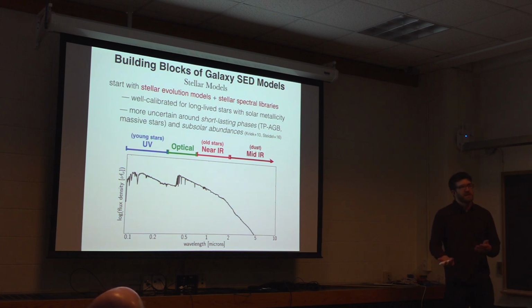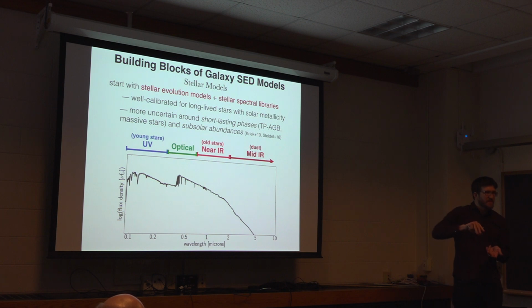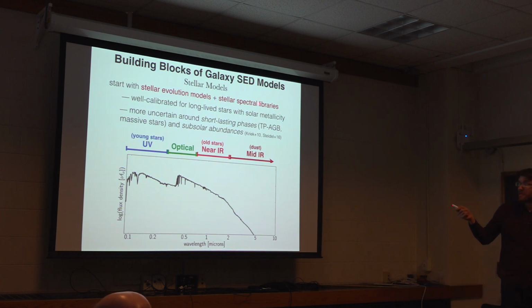So you paste these libraries onto the phases of the stellar evolution that they correspond to. Libraries are empirical, so spectra of real stars, or they're theoretical, where we couldn't get good spectra. This tends to be for types of stellar evolution that are either short-lived or very rare.